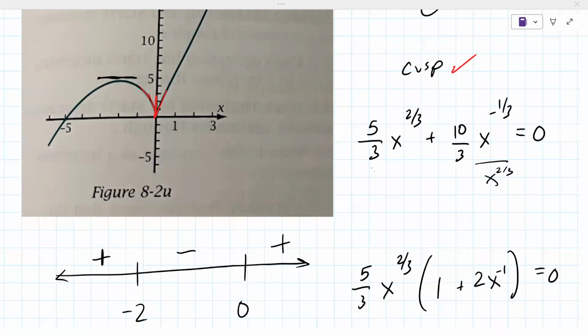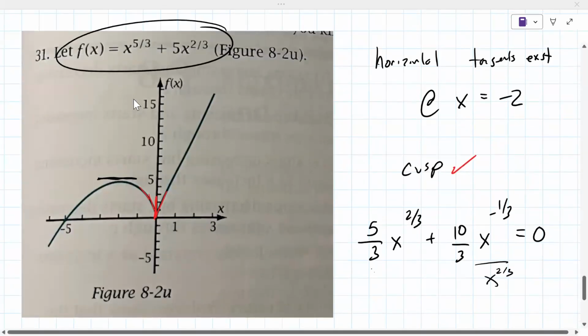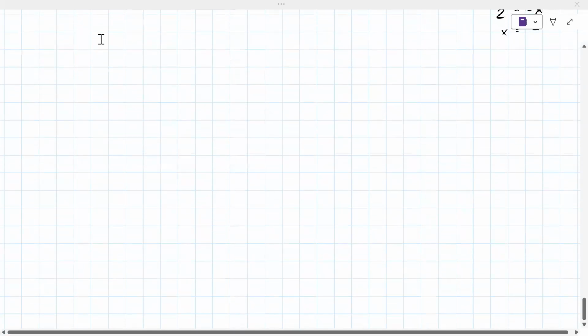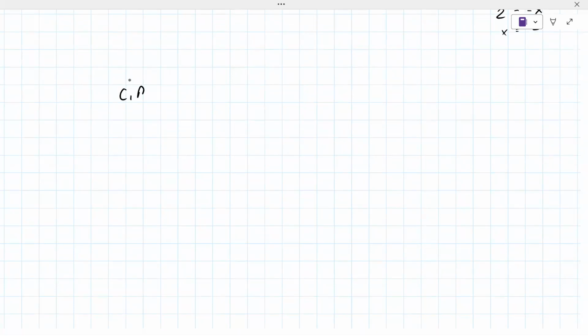I have a question. Are all the critical points for the graph of f and f prime the same, or are they different? So if there's a critical point for the original graph of f, are those critical points the same on the graph of the derivative?